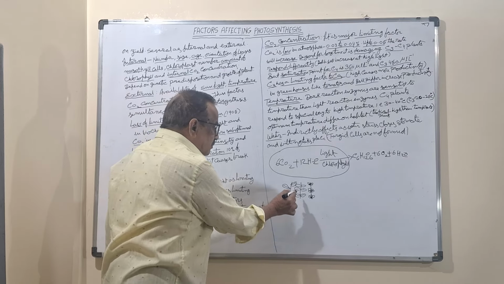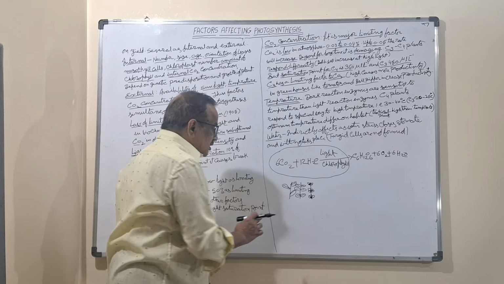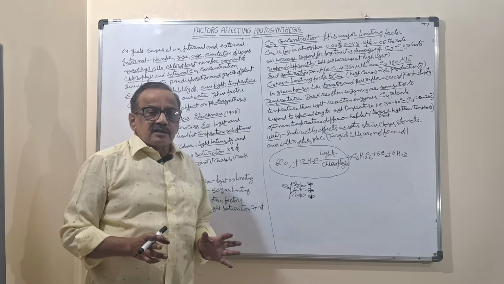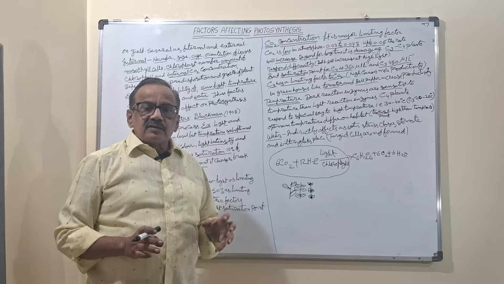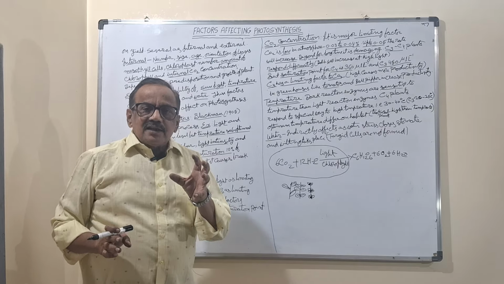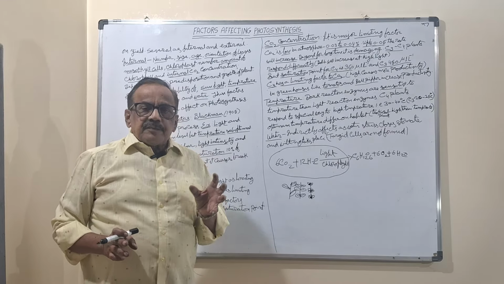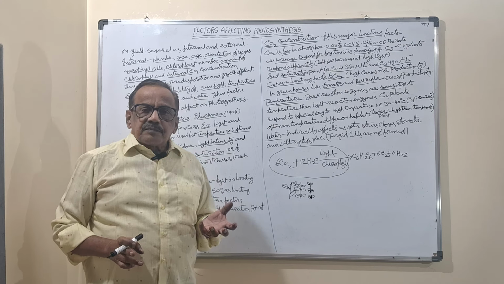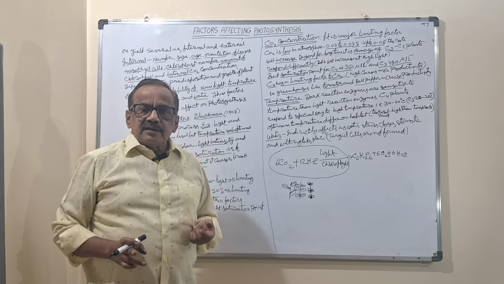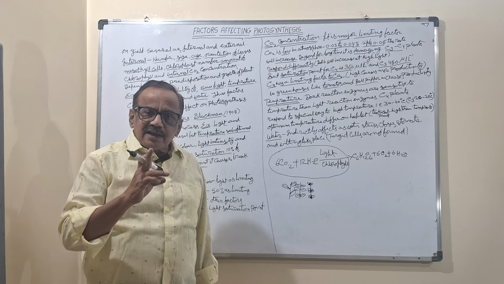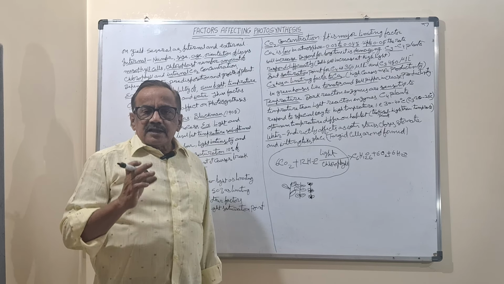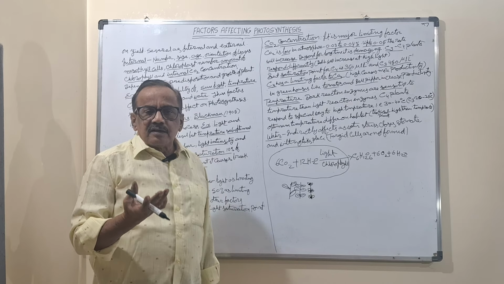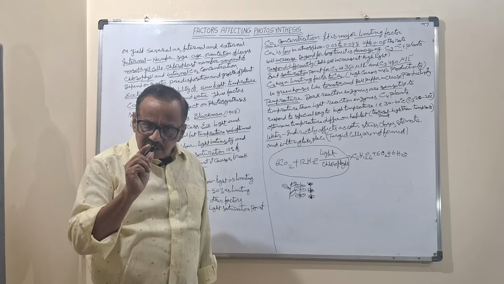So what is the purpose of this? This phyllotaxy is meant to obtain maximum sunlight. The leaves are arranged at the node in a particular way to obtain maximum sunlight. Its purpose is to expose the leaves to get the maximum sunlight. This is also a neat point.